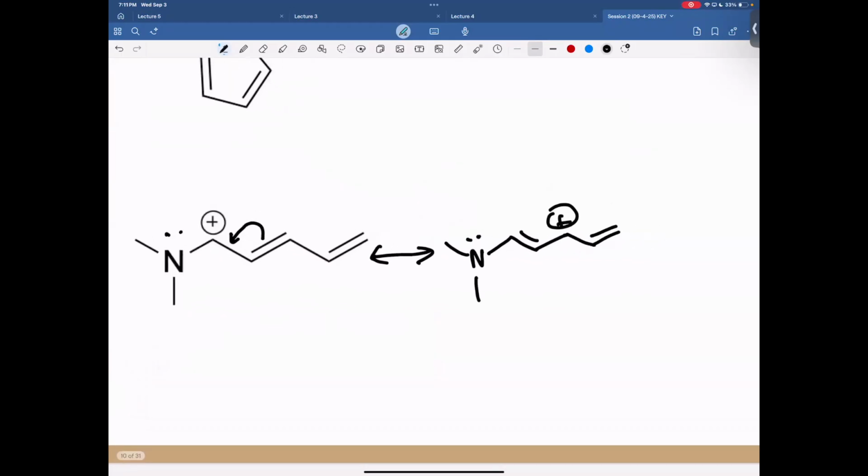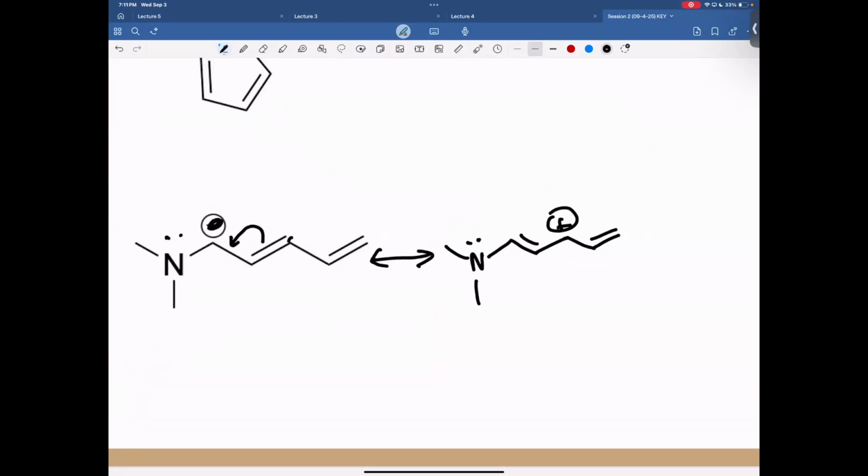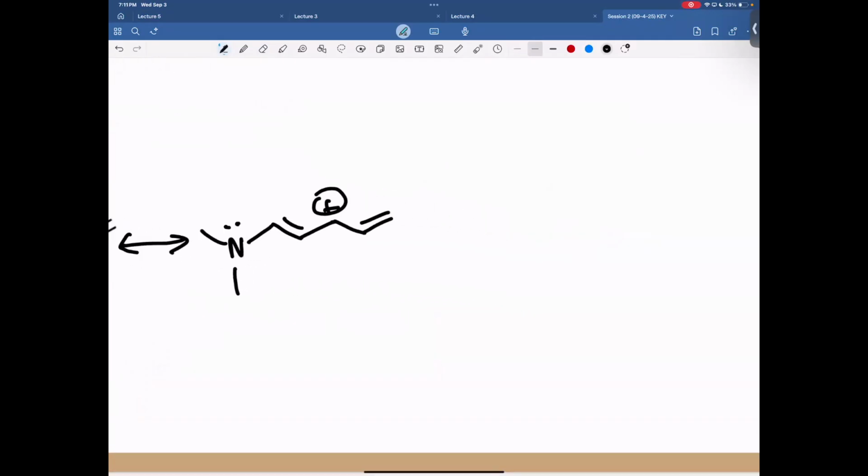Then you're going to shift that positive charge from here to over here. That's one way. We can also continue this because we see an adjacent double bond, right? So we can take this again, do another allylic carbocation. And then the positive charge would be shifted to this N terminal carbon.